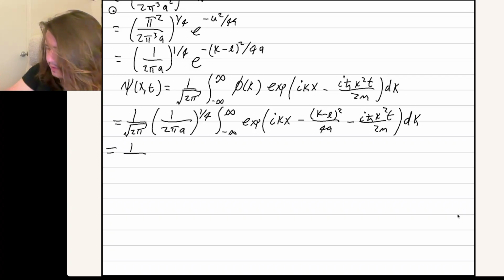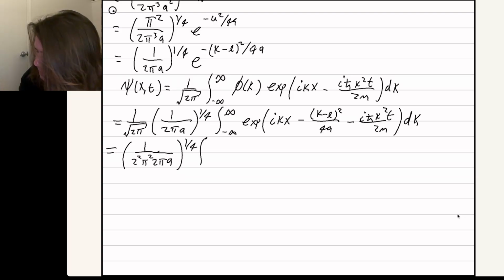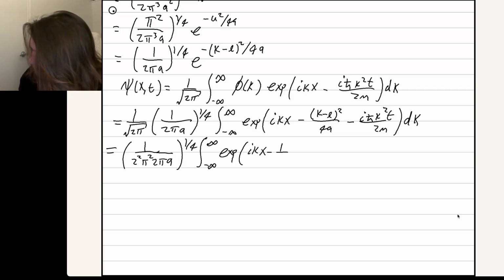So inside the 1/4 now, we'll have a 1 over 2 squared pi squared 2 pi a all to the 1/4, and then this integral is now looking like exp ikx minus 1 over 4a k squared minus 2kl plus l squared minus i h bar k squared t over 2m.